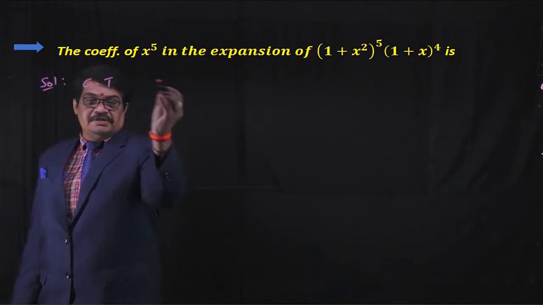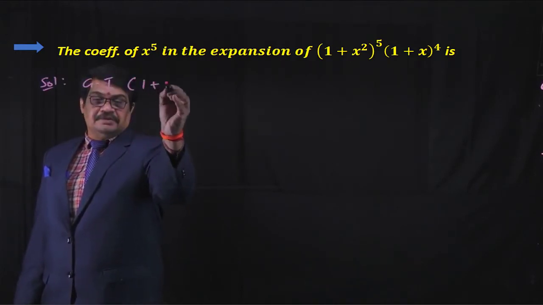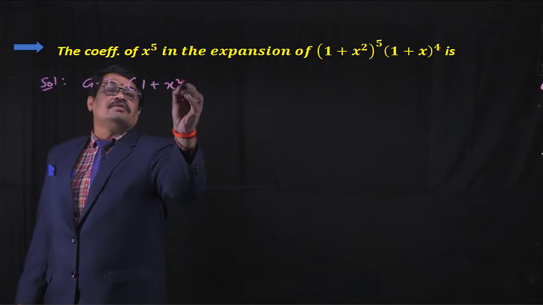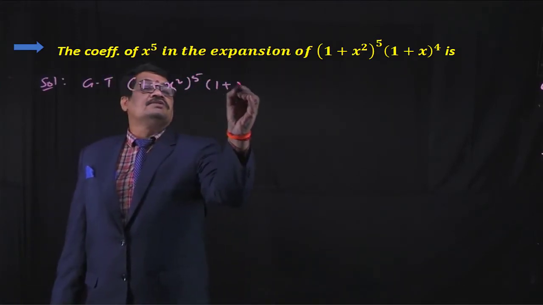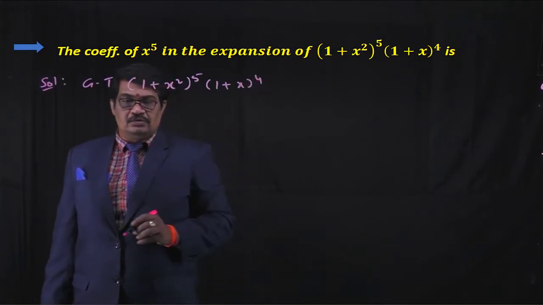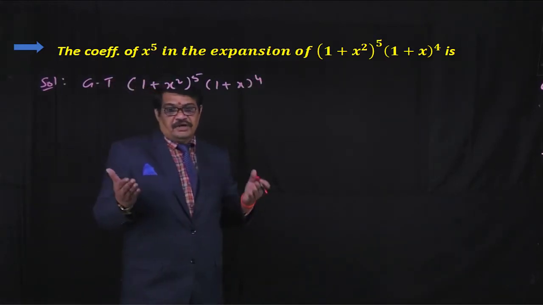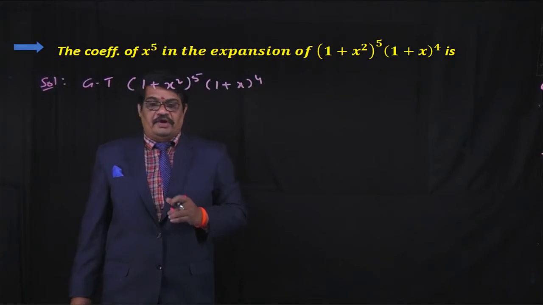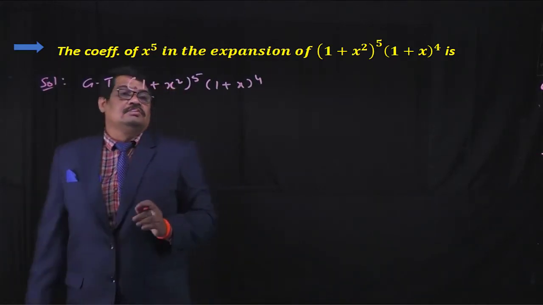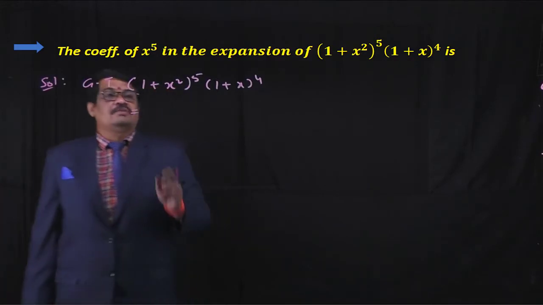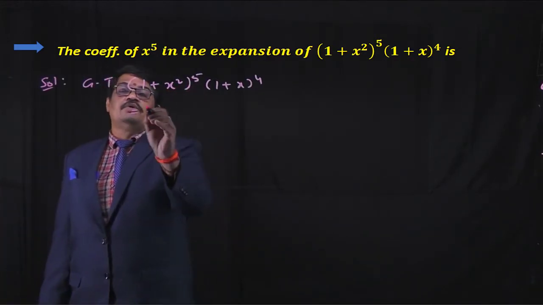What is the given expression here? The given expression is 1 plus x square whole to the power of 5 into 1 plus x whole to the power of 4. In that expansion, we have to find the coefficient of x to the power of 5. Now we are expanding these two terms. The first term is 1 plus x square whole power 5.